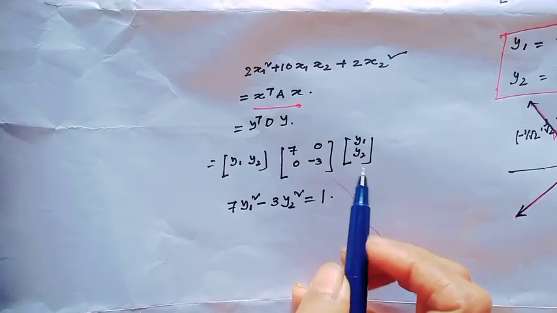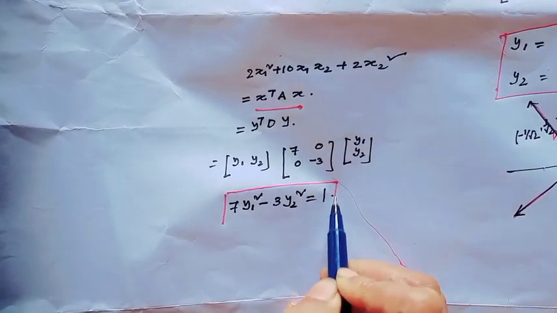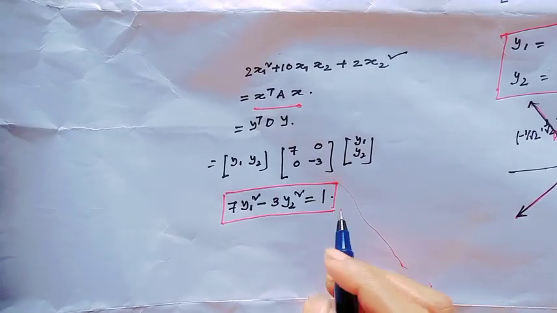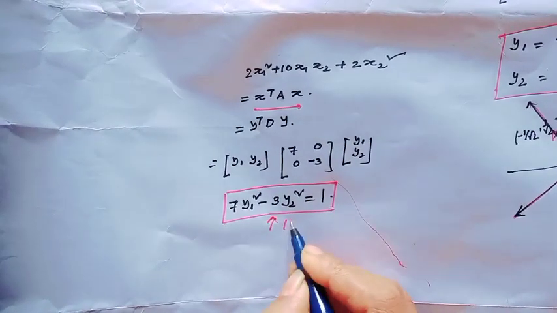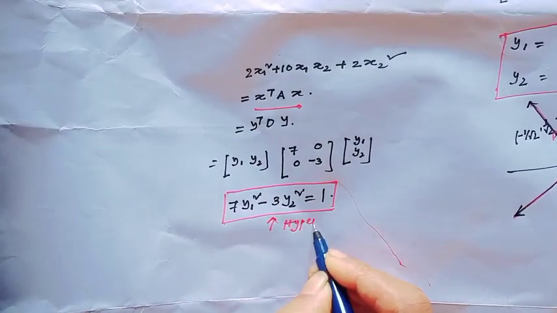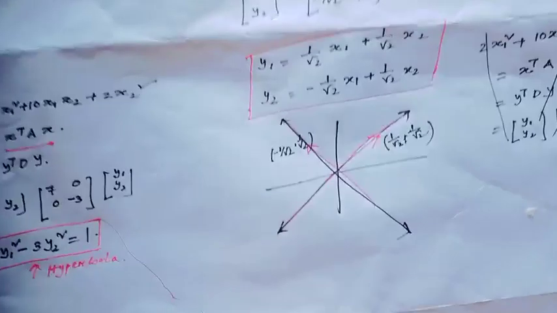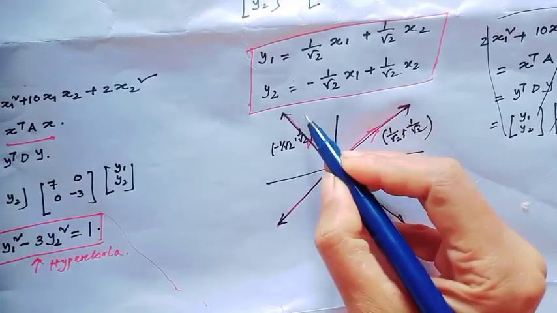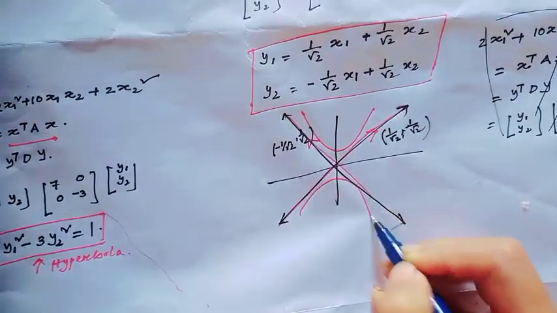That means this reduces to this conic 7y1 square minus 3y2 square equal to 1, and obviously this is a hyperbola. So by the principal axis theorem, we can tell this reduces to a hyperbola.